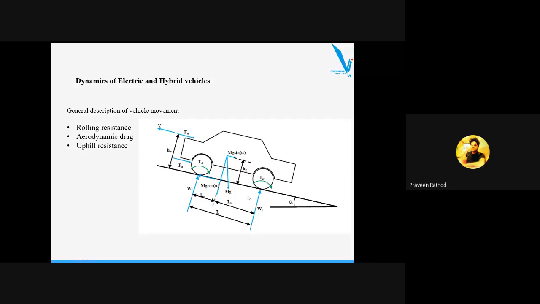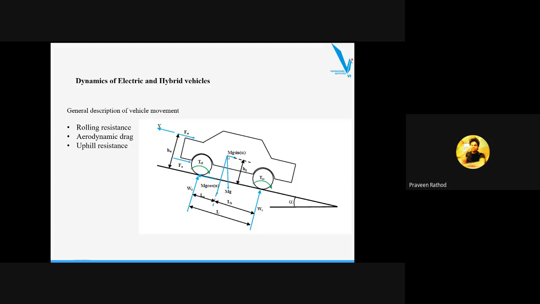Now we can understand which forces are acting on the vehicle. I have already told you this is the aerodynamic force, and this is the aerodynamic force height. Okay, where it is acting we can consider, usually we'll take the reference of CG. Okay, CG is located over here.